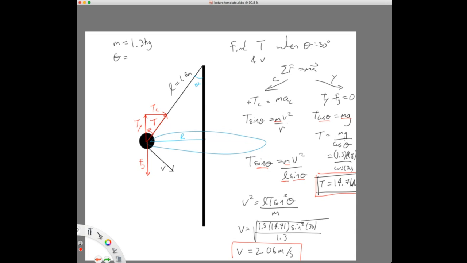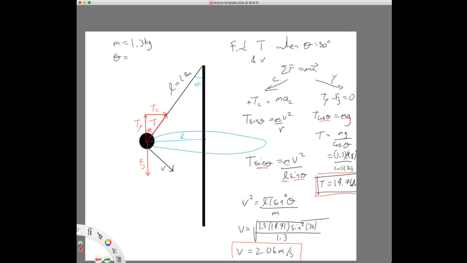As the angle gets bigger, we're dividing by cosine of the angle, and cosine starts to approach 0. And when you're dividing by a very small number, you're getting a very big number. So the tension becomes bigger and bigger as that angle gets closer and closer to 90 degrees. And because the tension becomes big, the velocity becomes really big.